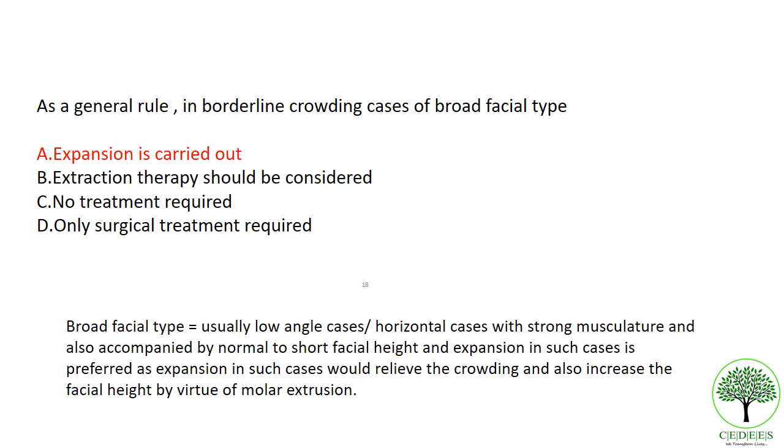So both would be beneficial for a patient with a broad facial type. So expansion is carried out. The option would be A, that expansion is carried out as a general rule in borderline crowding cases of broad facial types.